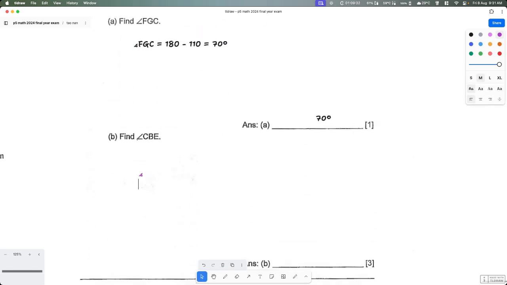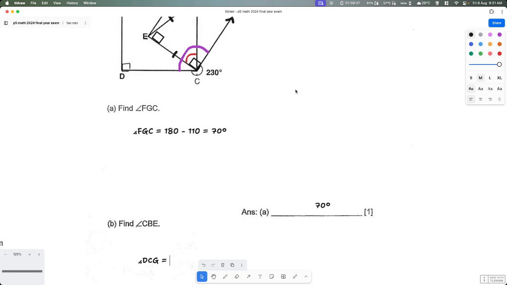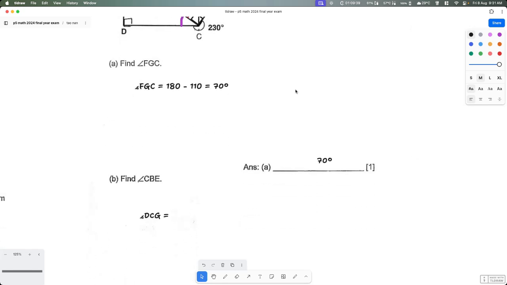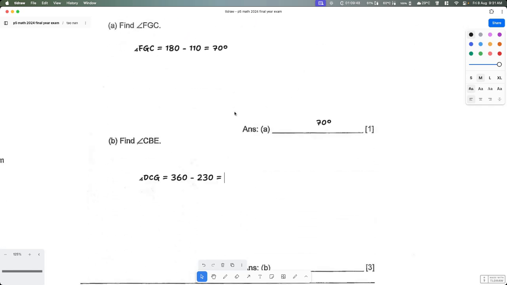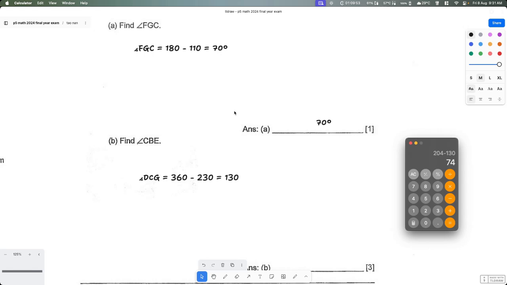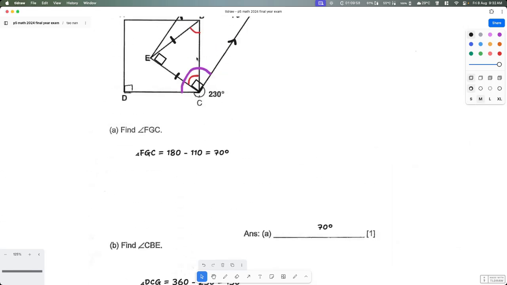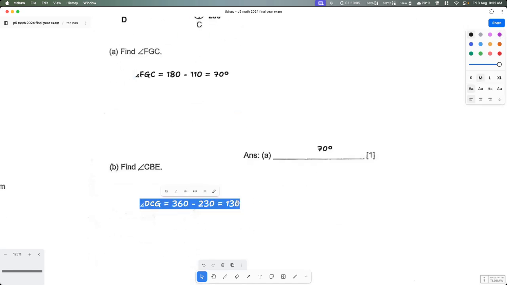So angle DCG is basically 360 minus 230. What would this give us? This will give us 130. Double check: 360 minus 230 is 130. Great. So we know that this over here is 130 degrees.